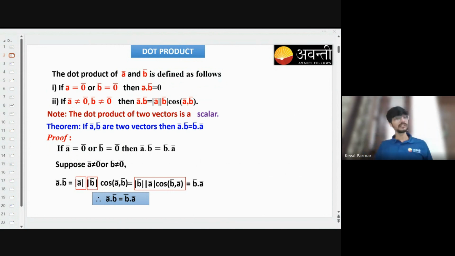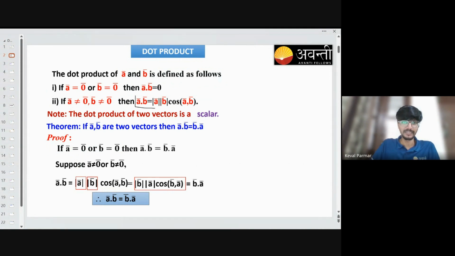But if both are non-zero, then I can write A bar dot B bar as mod A mod B into cos theta. This is theta. The product of two vectors is a scalar.